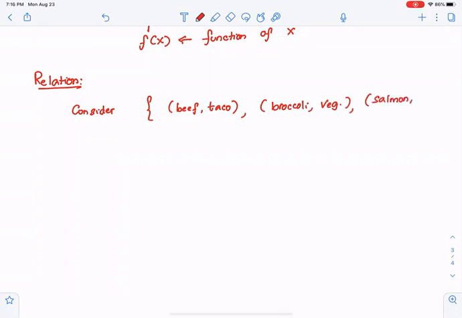Salmon is fish. And we'll just do one more: cat, scratch. So here, beef is somehow related to tacos. Broccoli is a vegetable, salmon is fish, and cats do scratch. So each of them is a pair, and that would form a relation.